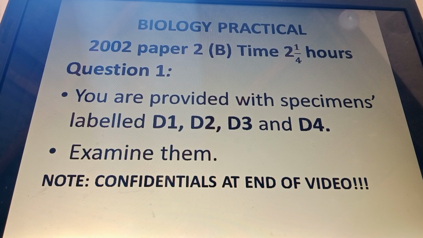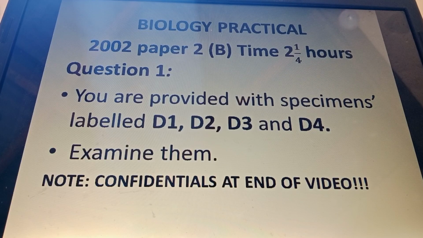In this paper, question 1, you are provided with specimens labeled D1, D2, D3, and D4, and you are supposed to examine them. There is something I would like to correct here.